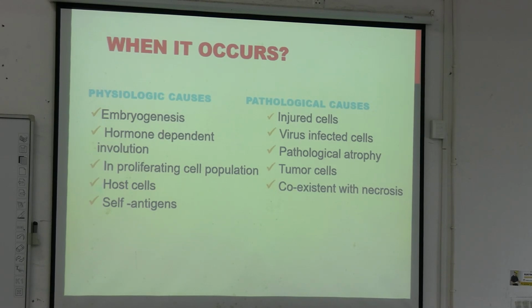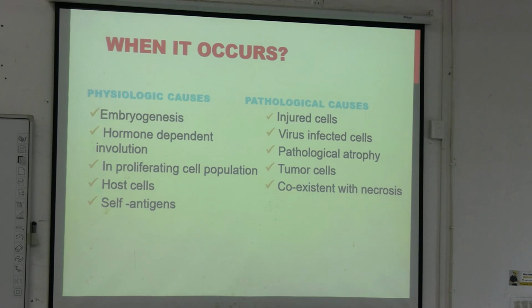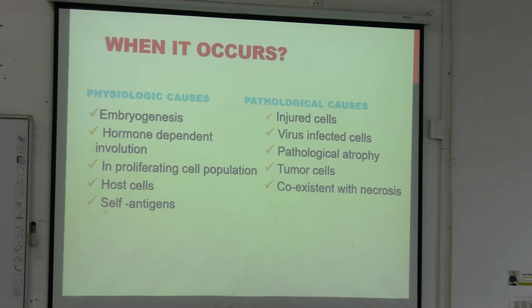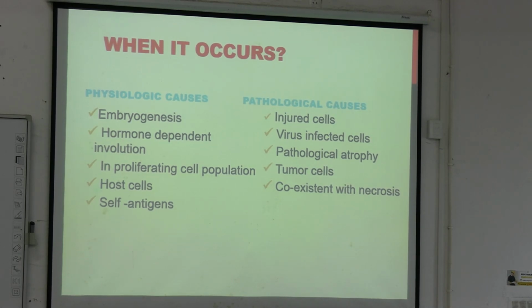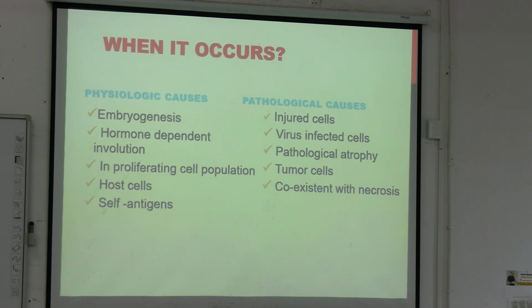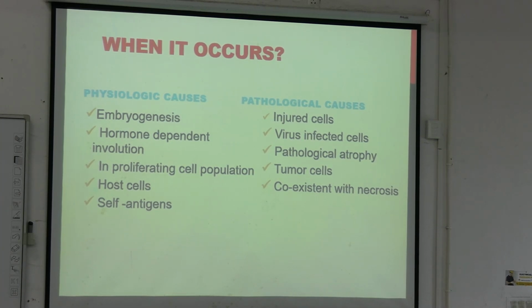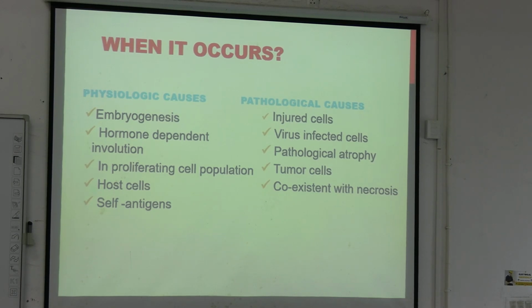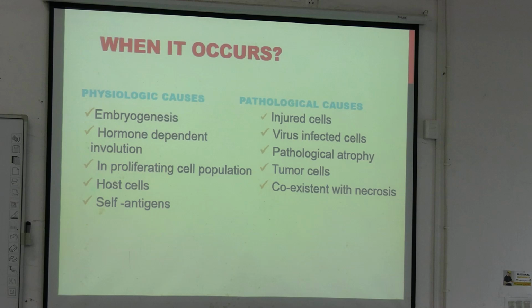Like in case of embryogenesis, involution of an organ, like the periodic cycle of endometrium, shedding যখন হচ্ছে তখন apoptosis হয়। Next, hormone-dependent involution, like thymus যখন involution হয়, that is an example of physiological apoptosis. Like self antigen, এটা আবার ইমিউনিটিতে যখন পড়বে, হোস্ট সেল অ্যান্ড সেলফ অ্যান্টিজেনের ক্ষেত্রে অ্যাপোপটোসিস হয়। এখন বলছি না, ইমিউনিটিতে যখন পড়বে আরো ভালোভাবে বুঝতে পারবে.